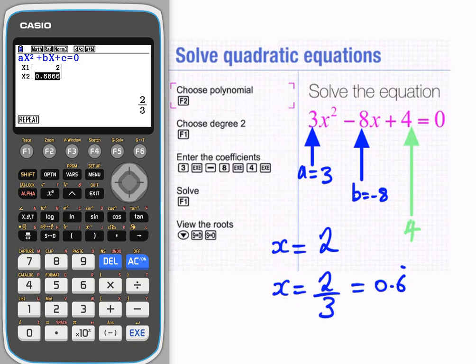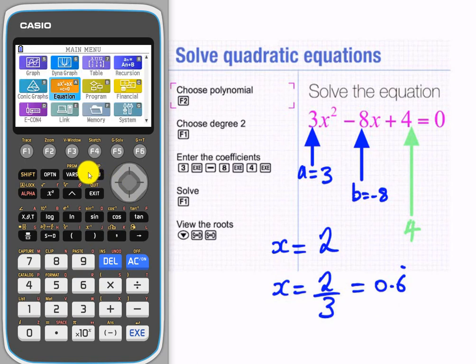And as a matter of interest, I would show you another way where we can look at it through plotting the graph. So go into menu. We want the graph mode. You can see graph at the top there is 5. You can just press 5.